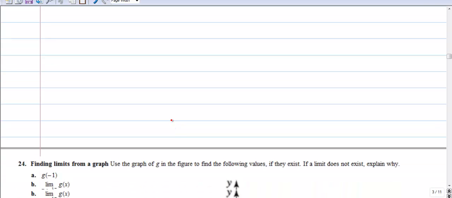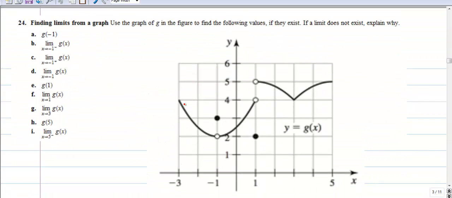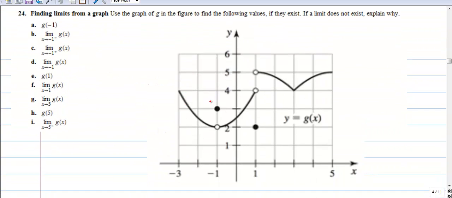All right. This one is finding the limits from a graph. The first ones I want to take care of are the ones that aren't limits at all: g of -1, g of 1, and g of 5. For g of -1, if I look straight across here, that would be at 3.